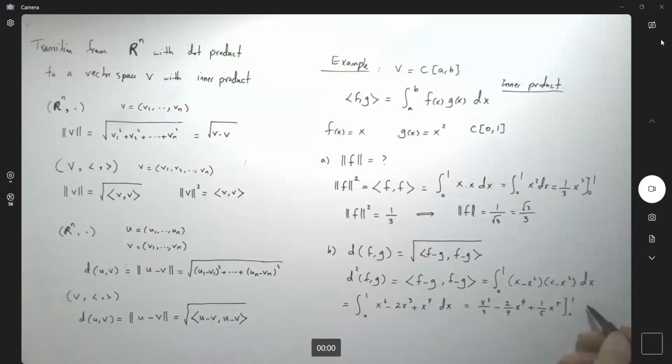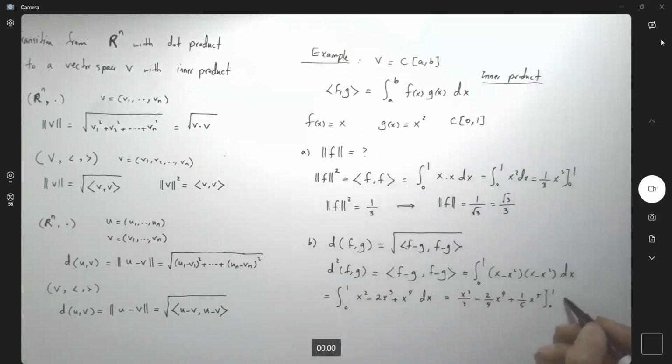Once you do the algebra, this is equal to 1 over 30. So the distance between f and g is equal to 1 over the square root of 30, or square root of 30 divided by 30, or you can simplify it as much as you want.